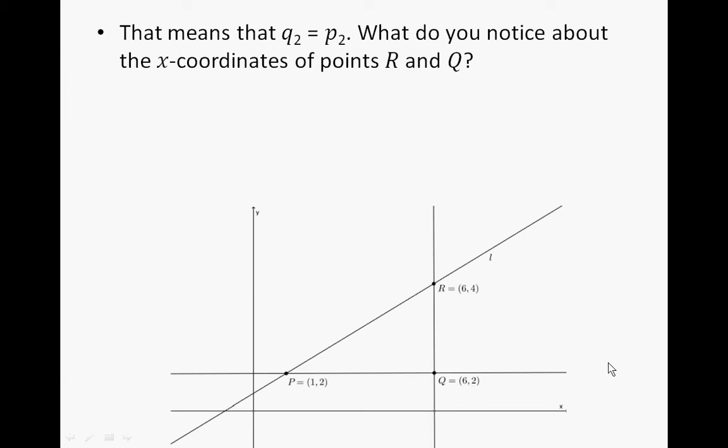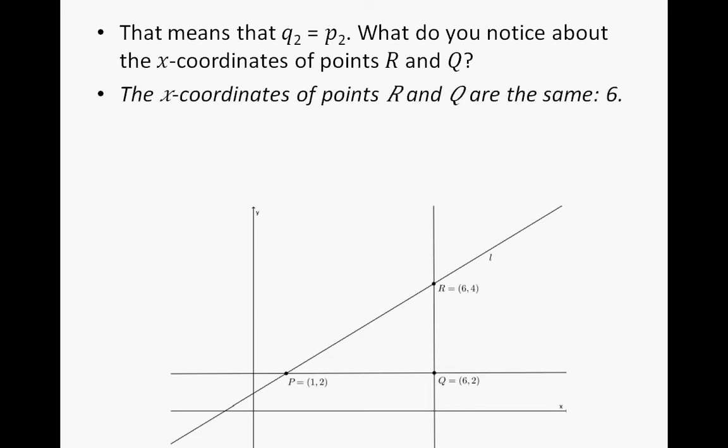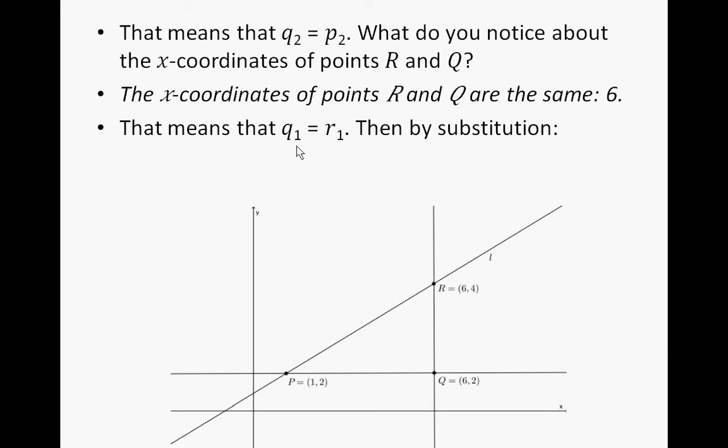Okay? So what do you notice about the x-coordinates of R and Q? Look at the x-coordinate of R and the x-coordinate of Q. You should notice that the x-coordinates of R and Q are the same. They are 6. So if that's the case, then Q sub 1 is equal to R sub 1.